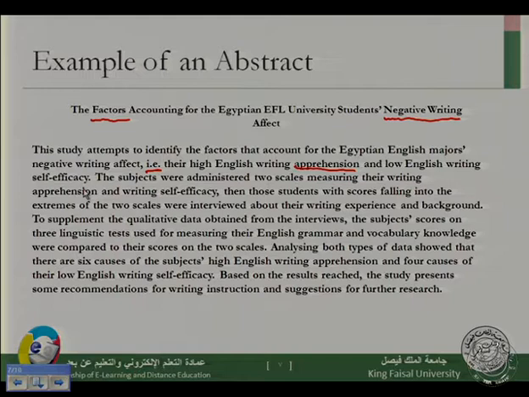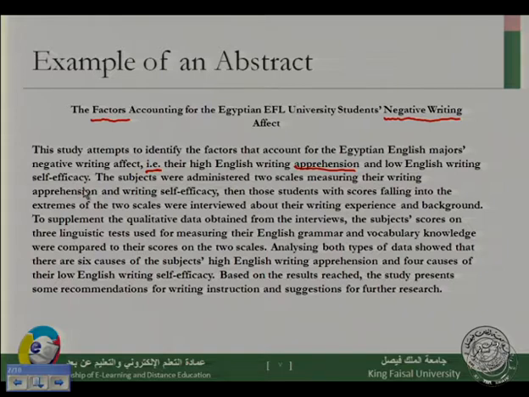Analyzing both types of data showed that there are 6 causes of the subjects' high English writing apprehension and 4 causes of their low English writing self-efficacy. Based on the results reached, the study presents some recommendations for writing instruction and suggestions for further research.